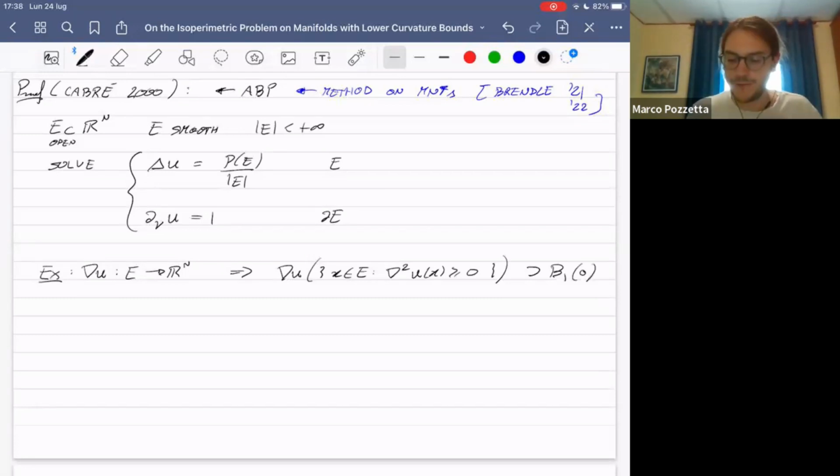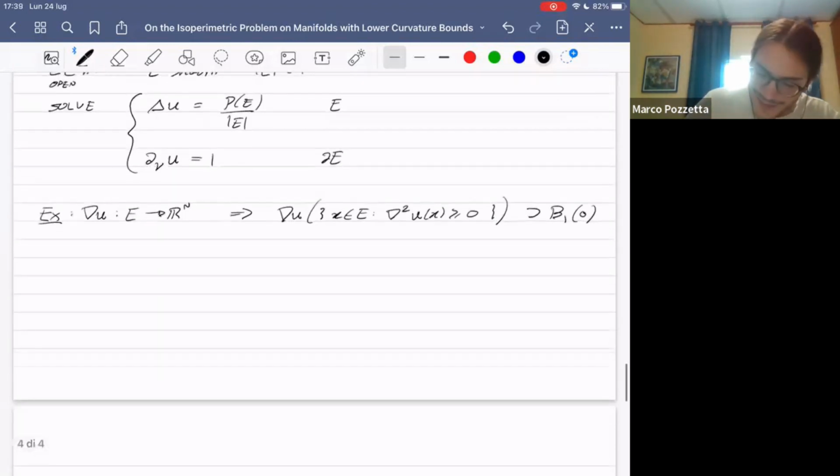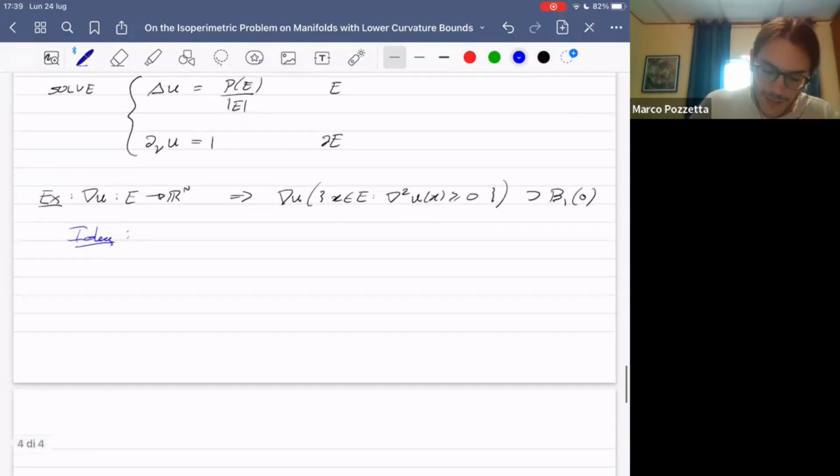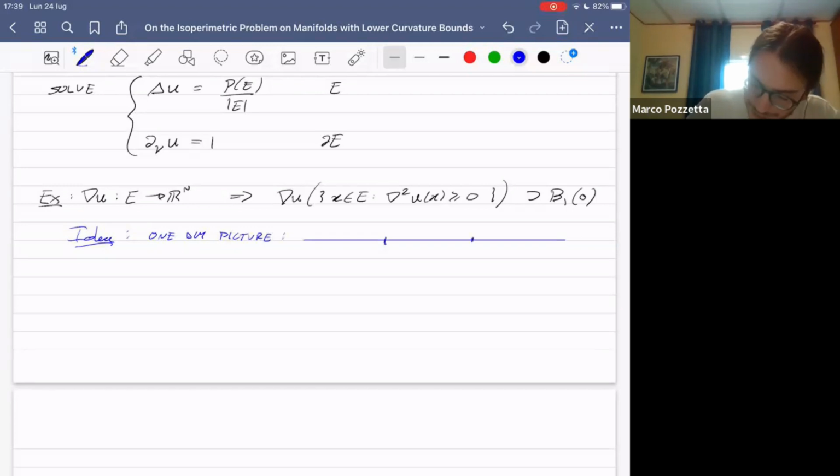So the image of these points covers the unit ball. Why should this be true? The idea behind this is actually very, very simple. Let's think of this problem in a one-dimensional picture. In this case, let's say that this is my manifold, or the real line.